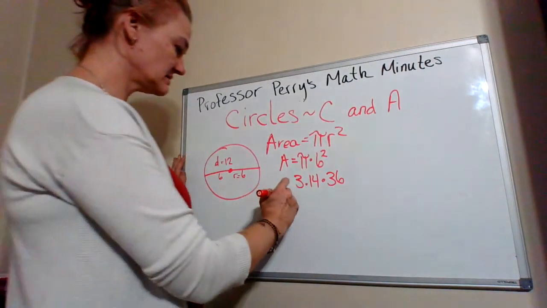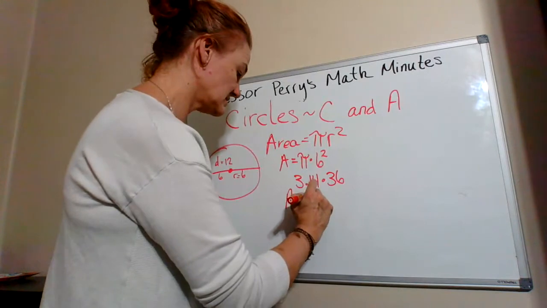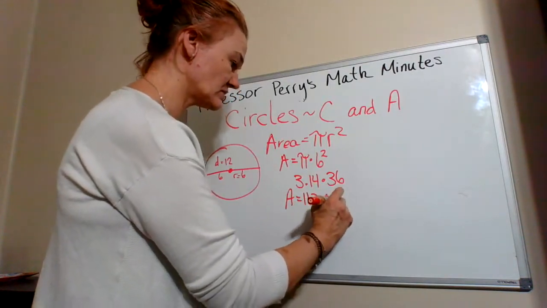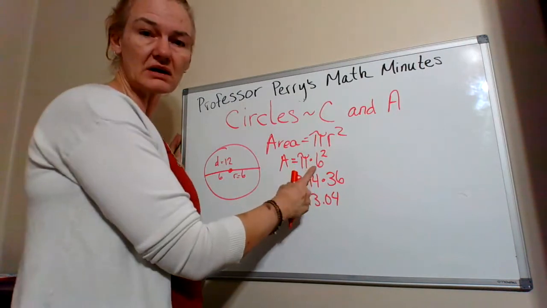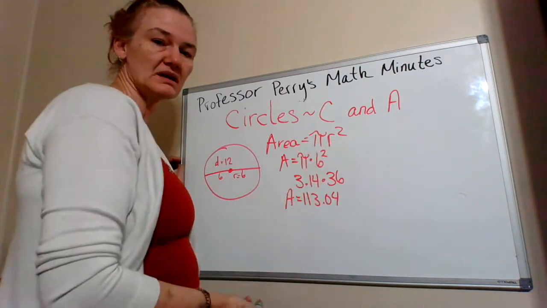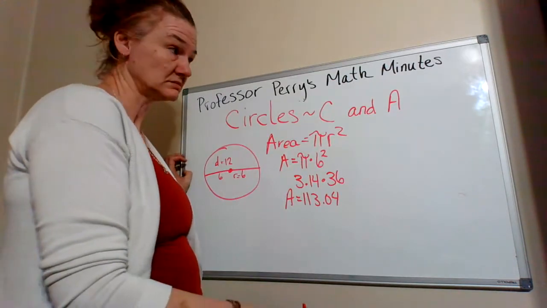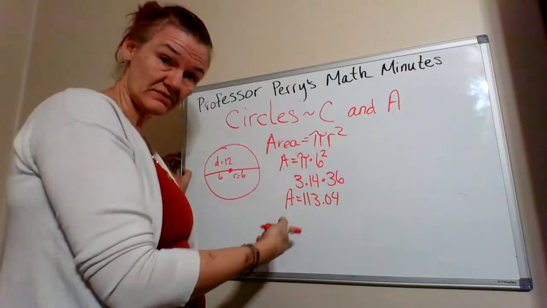The area of this circle is 113.04. Remember this. Don't confuse this with 2 pi r. 2r is 2 times r. R squared is r times itself.